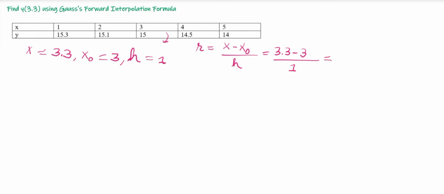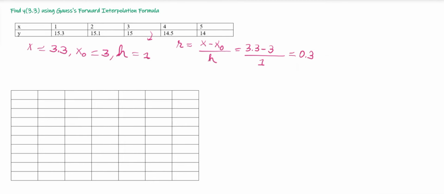That is, it will be equal to 0.3. Now we'll create our table. This table is known as the central difference table. As we have 5 values of x and y, we'll go till delta raised to 4 y.